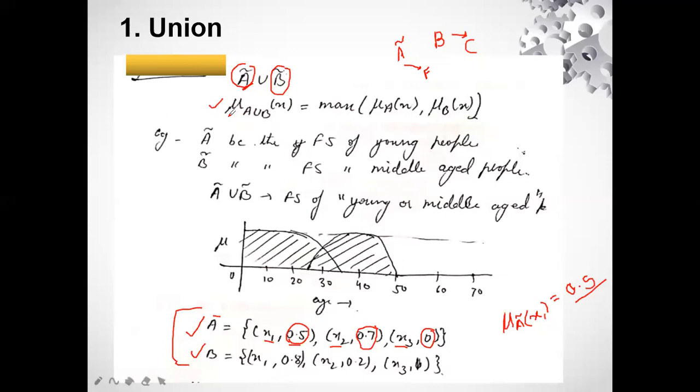So mu A bar union B bar of X is equal to max, that is maximum, of mu A bar of X, comma, mu B bar of X, right? So this is what we have to remember as the formula of union.